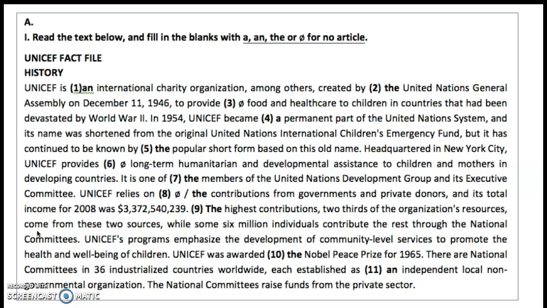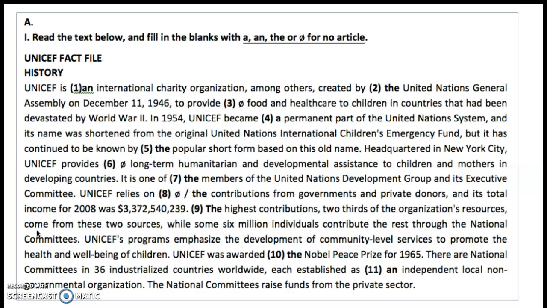Number 4. Part is a singular noun, so it takes A. Question number 5 talks about the name, which was mentioned before in the text, so the is required.